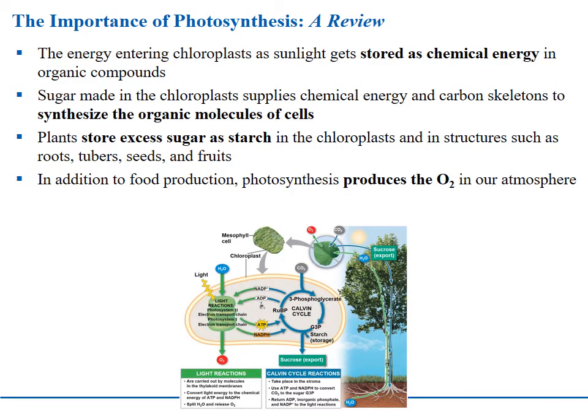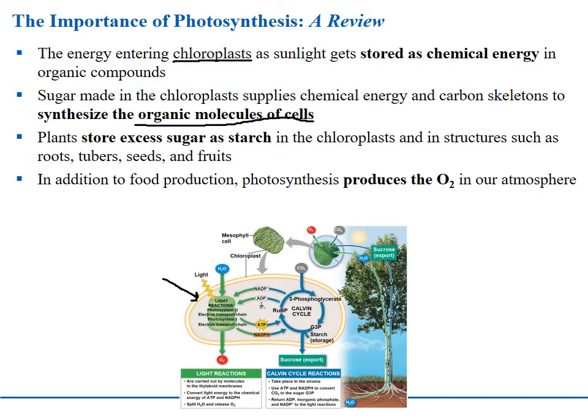So what's going on here is that energy will come in to the chloroplasts, and if you remember, chloroplasts were those specialized structures that we looked at in cell structure that contain the green pigments. And as sunlight comes in, it gets stored as chemical energy in the organic compounds. The sugar that is made in these chloroplasts provides chemical energy for the plant to make organic molecules of the cells.